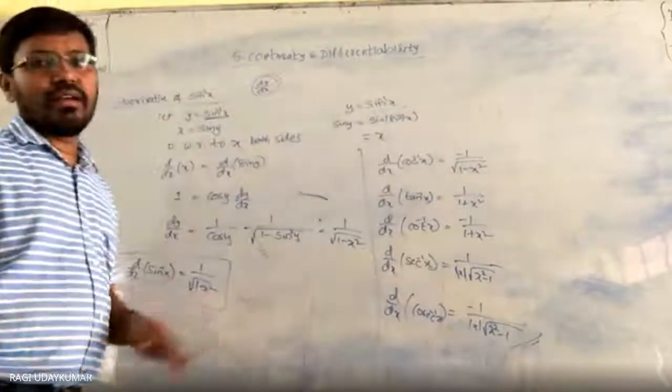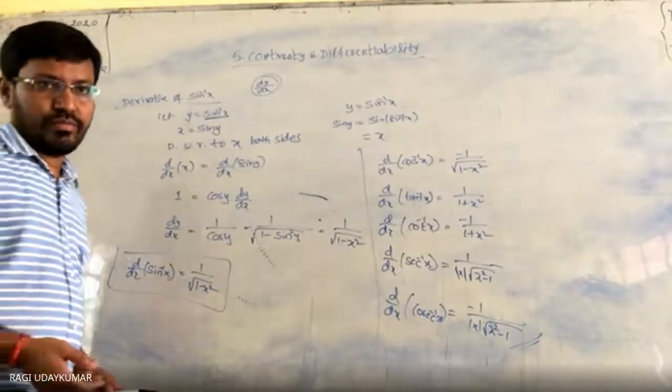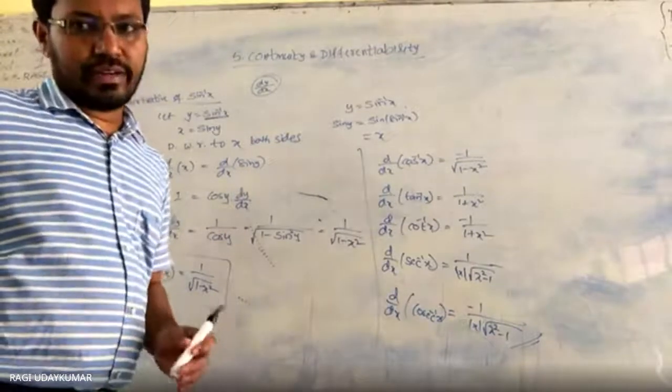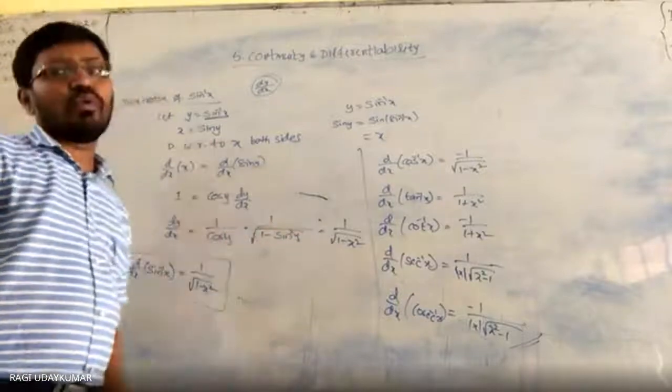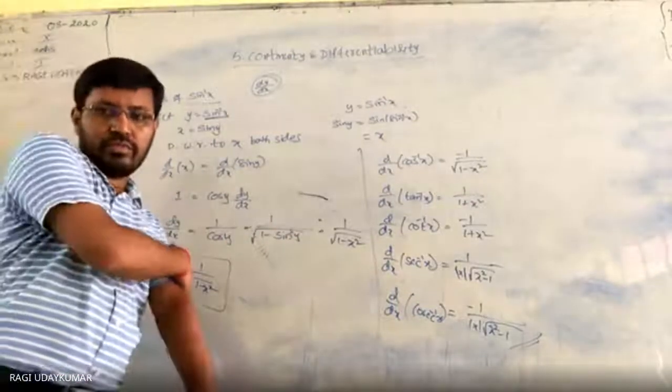So these are the inverse trigonometric functions and their derivatives. In the same way you can prove all these. The remaining are easy, you try at home to prove that.